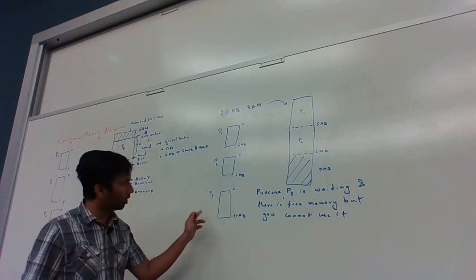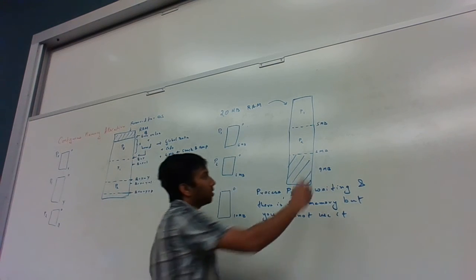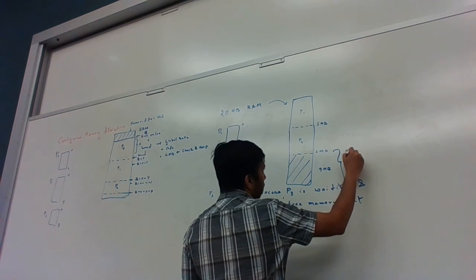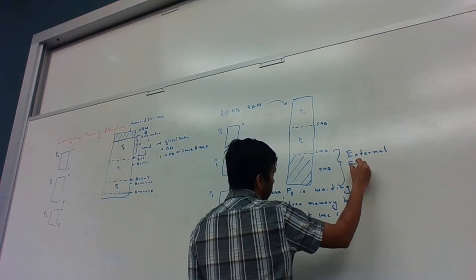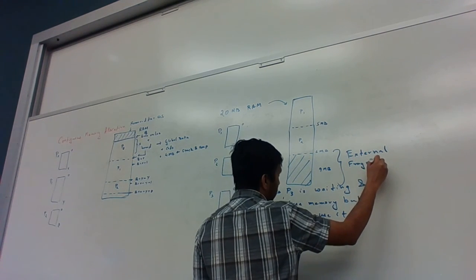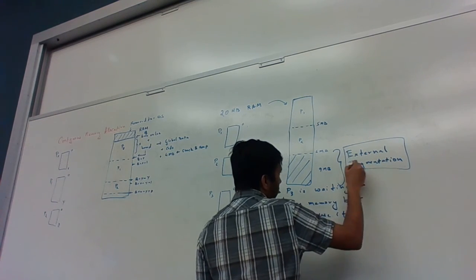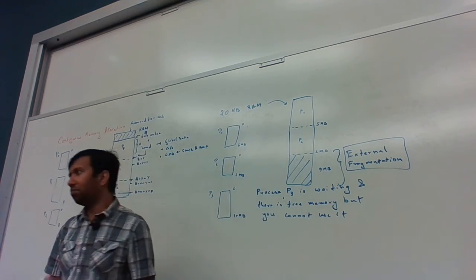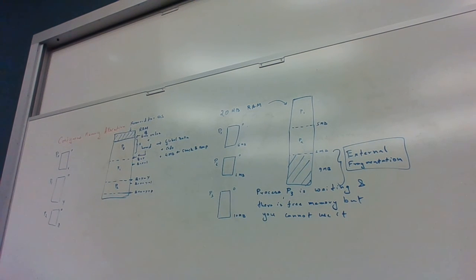Process P3 is waiting, there is free memory of 9 MB, and you cannot use it. That is called external fragmentation. Bad for memory because it reduces memory utilization.